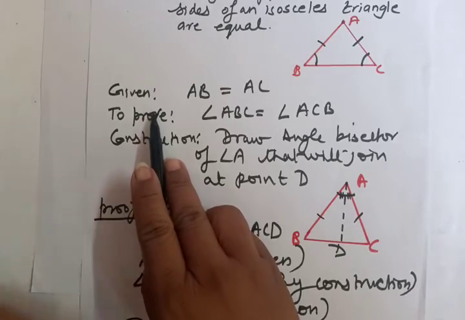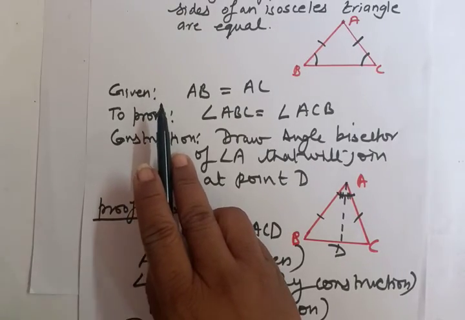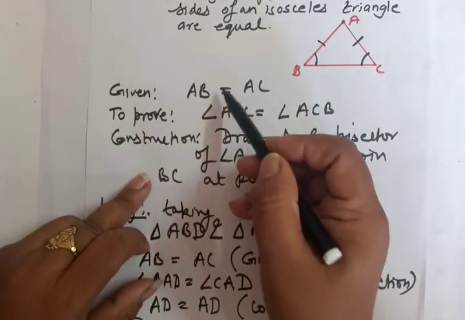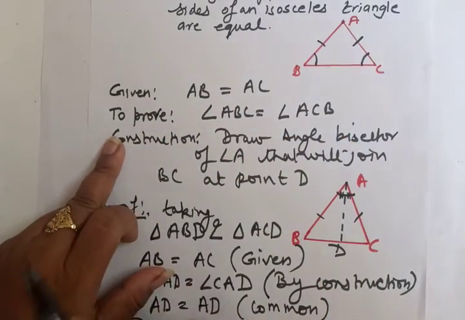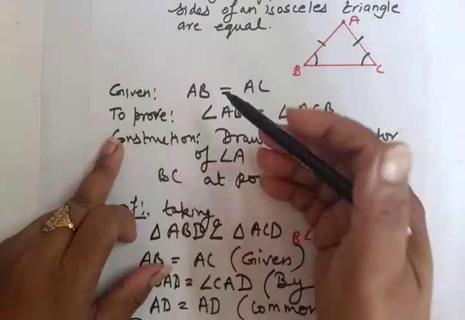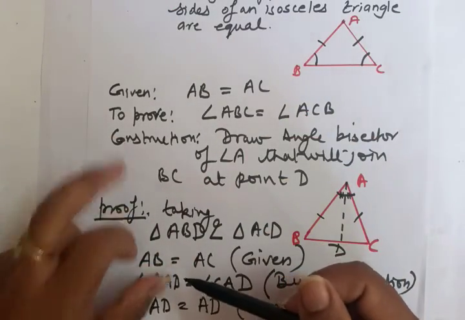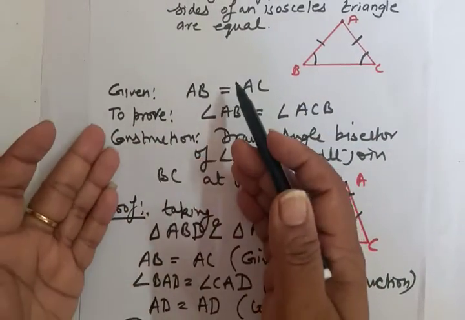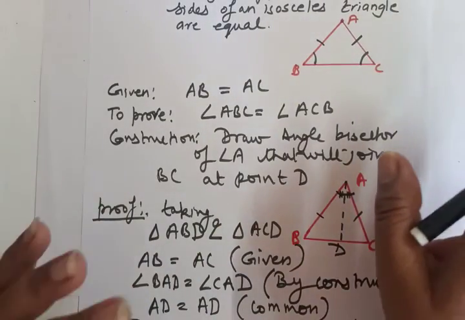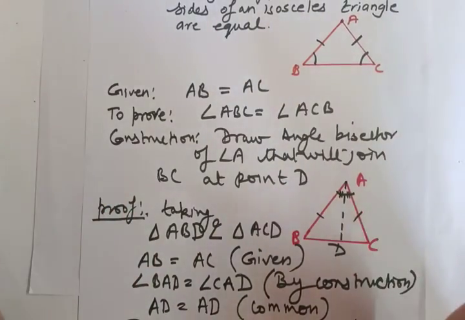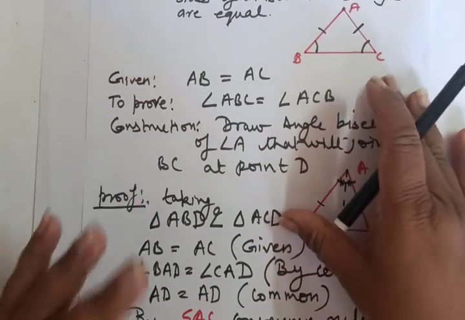These two things are always given in the question. And let me tell you, after writing only the given and to prove, you can get half marks. So every single step is very important. Don't think that this is given in the question, and to prove is also written in the question, so you are not going to write it. So this is a very important tip for you for today.